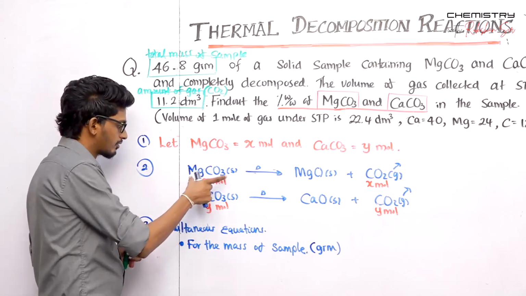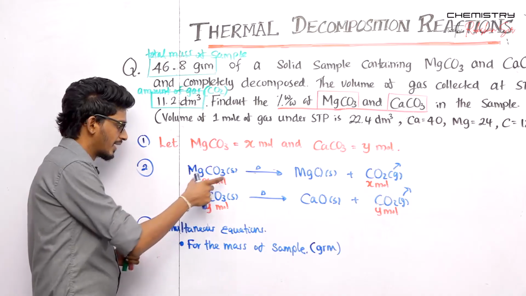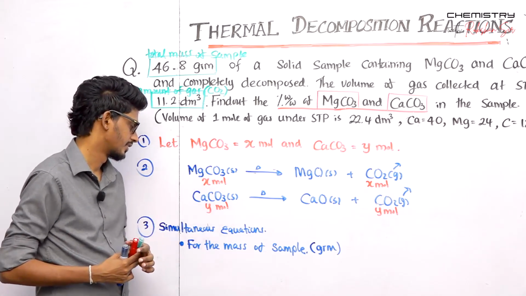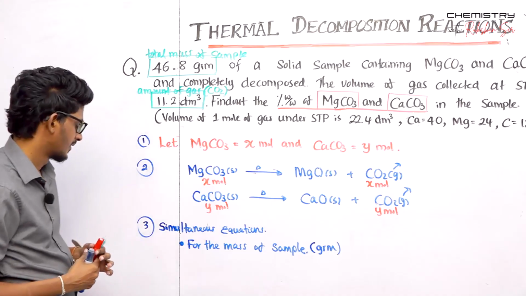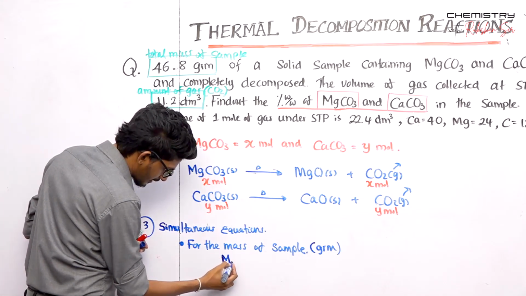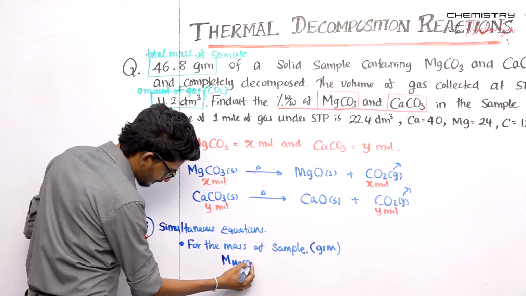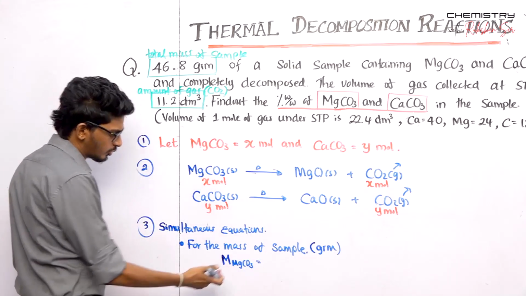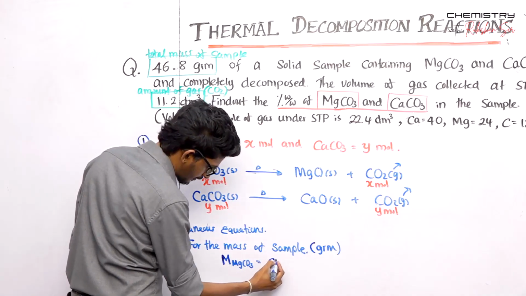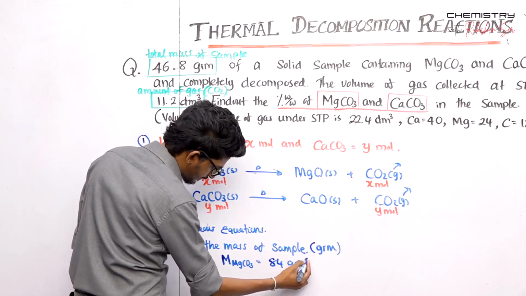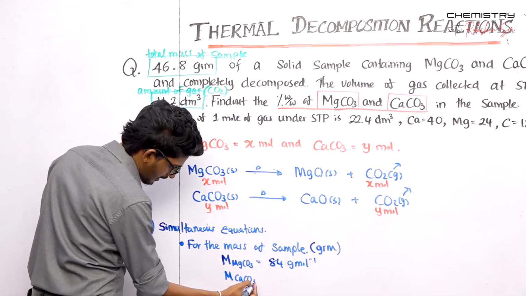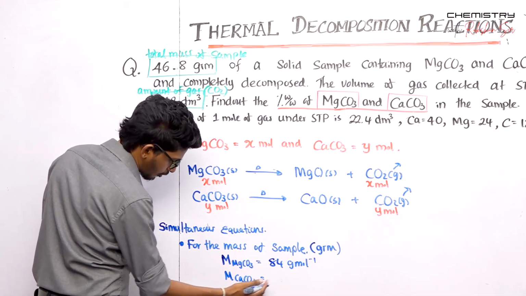So what will be the mass of magnesium carbonate in terms of x? The molar weight of magnesium carbonate is 24 plus 12 plus 48, altogether 84, and the molar weight of calcium carbonate is 40 plus 12 plus 48, which is 100.